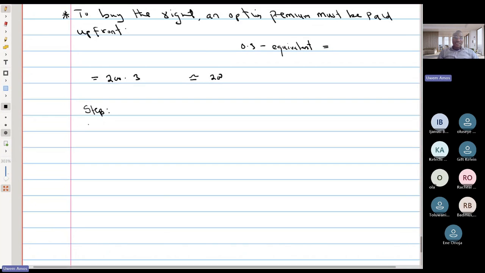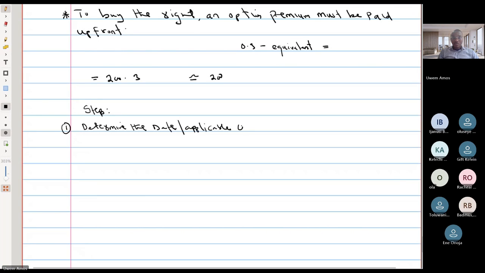The first step would be to determine the date, the date or applicable option. So we're going to do this in the next 15-20 minutes. Because it's a market, when you go into the market, you're going to see different products, different dates. So we want to know what would be the right date for us.